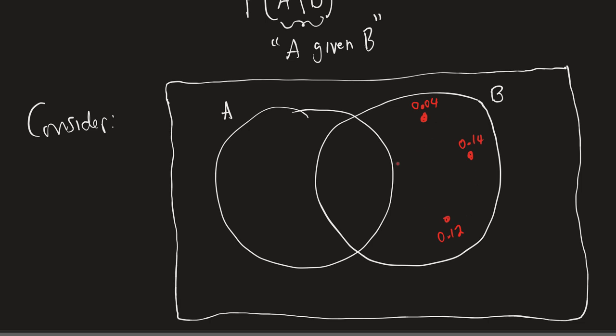Now, where A and B overlap, they're going to have two simple events in common. One will have probability 0.07, and the other one with probability 0.19, and then A alone just has one simple event and a pretty low probability of 0.01.